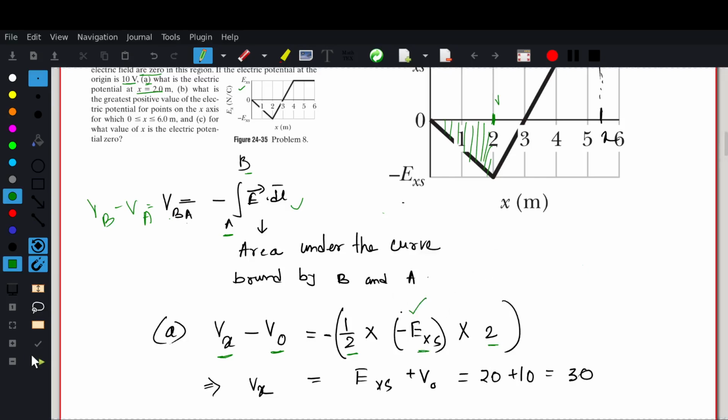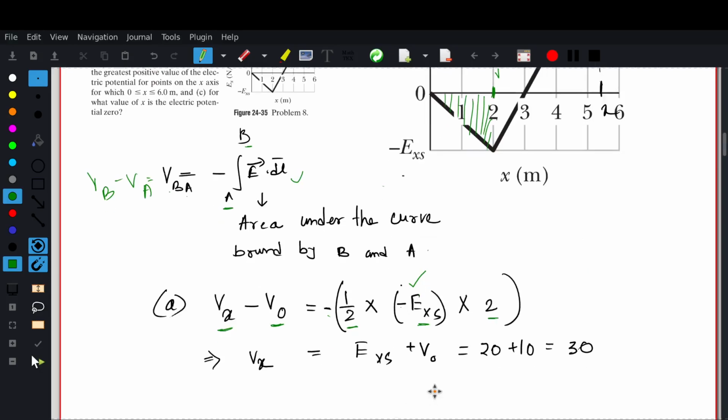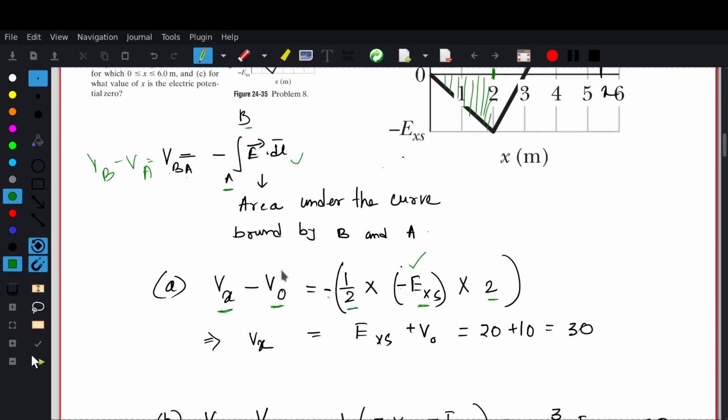You already know the value of Ex, and this minus minus cancels, so you get a plus. You already know the potential at the origin, so we bring it to the right-hand side and calculate Vx. That comes out to be 30, with appropriate units.